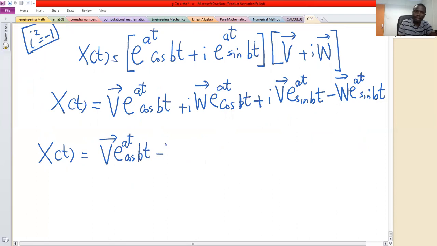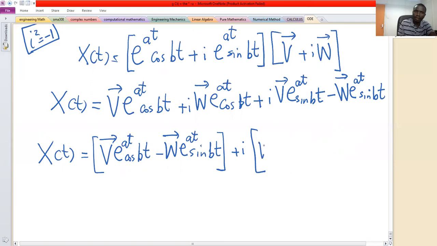This is another real part, minus w e raised to the power a t sine of b t, and then plus i times w e raised to the power a t cosine of b t plus v e raised to the power a t sine of b t.